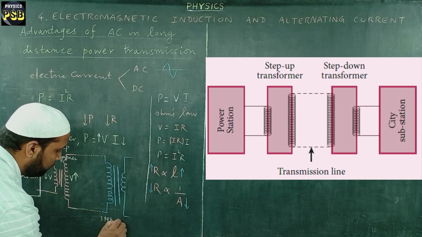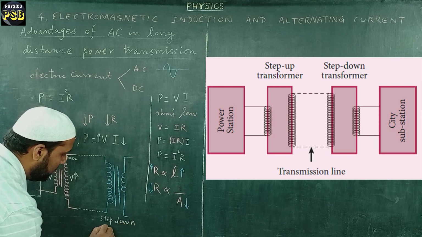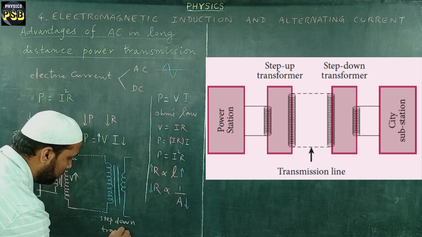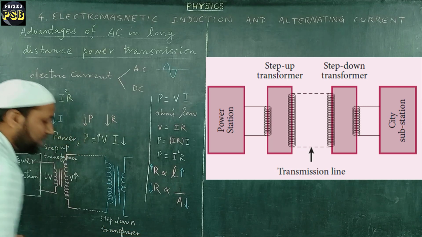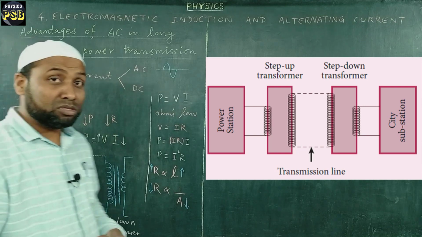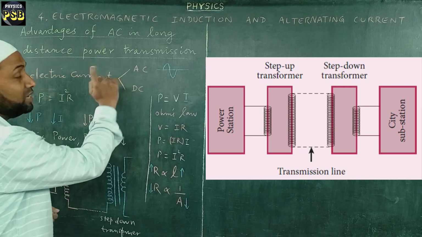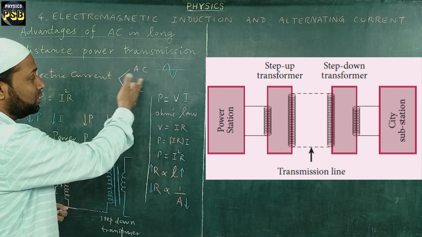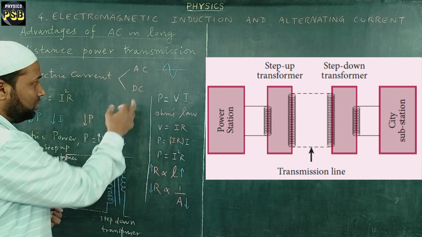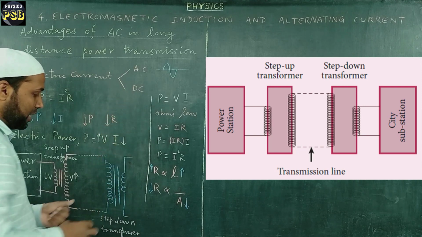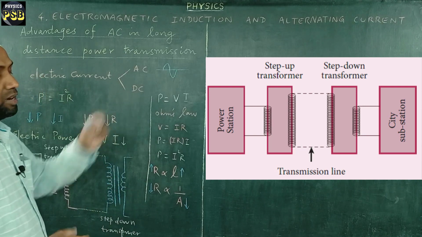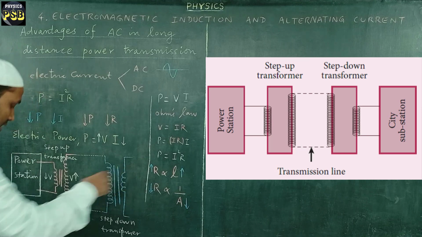A transformer can be used to reduce or increase the voltage of alternating current. Whereas when we talk about DC, we cannot use a transformer to reduce the voltage of direct current. You remember that.